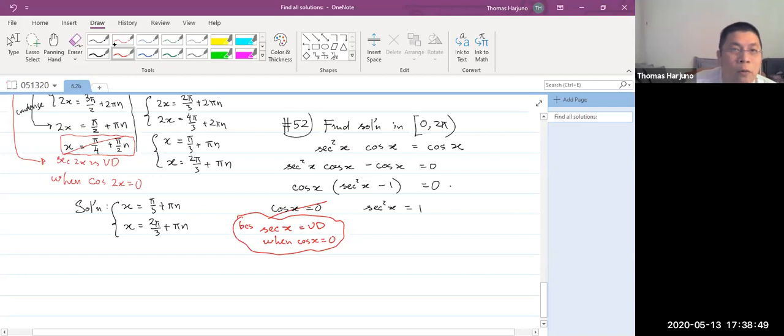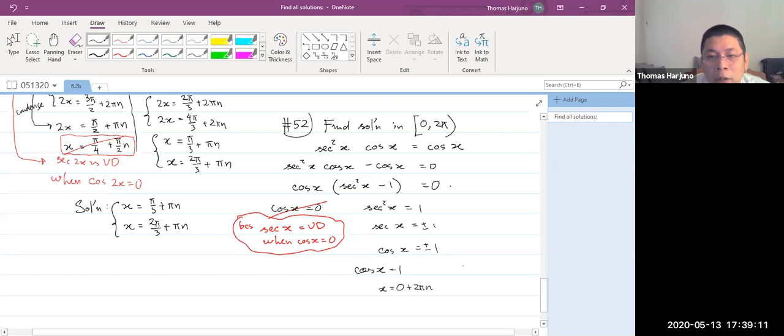Now let me go on from here. Secant squared x equals 1, so secant x equals plus or minus 1. So cosine x, the reciprocal, will also be plus or minus 1. Cosine x equals 1 at 0 plus 2 pi n.